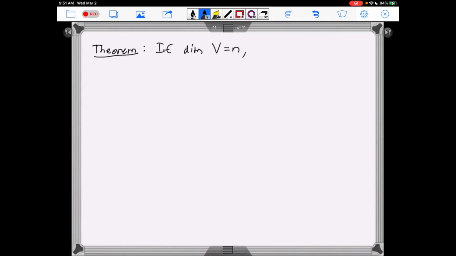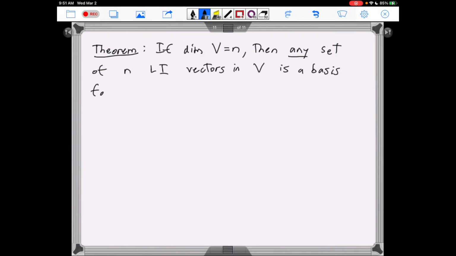If the dimension of V is n, then any set of n linearly independent vectors in V is a basis for V. This is really, really, really nice.